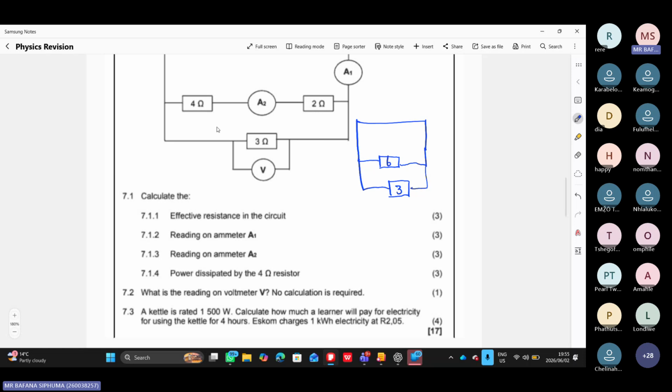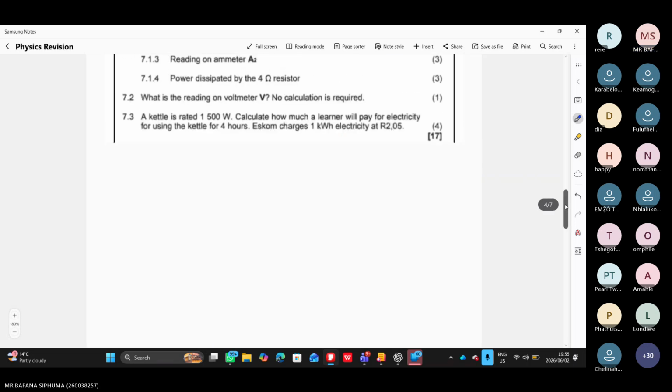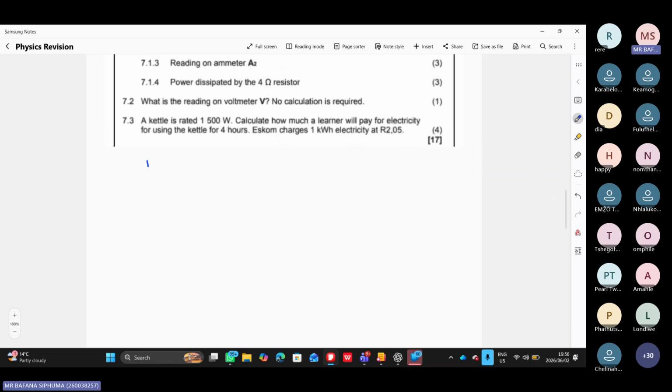The reason why I'm doing that: if you look at this resistance and this resistance, they are in series. So I can just add them to avoid adding at the end. You see, this one is still also fine. So what you do now, you know that when you have two resistances that are in parallel, you can use this formula, which is Rp is equal to R1 multiplied by R2, divided by R1 plus R2.